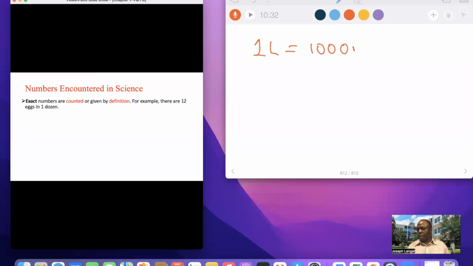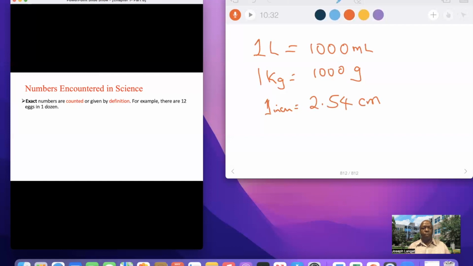1 kg equals 1,000 grams, all right? And even some conversion factors, 1 inch equals 2.54 centimeters. Those are definitions.